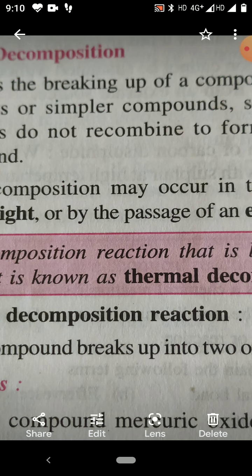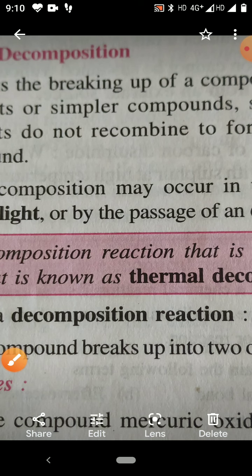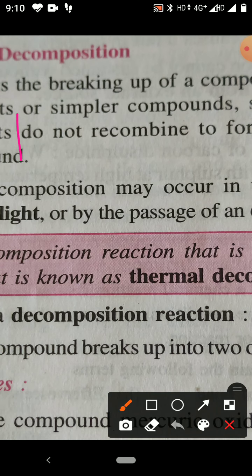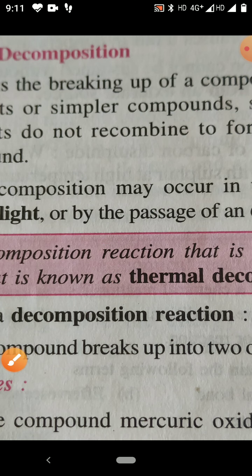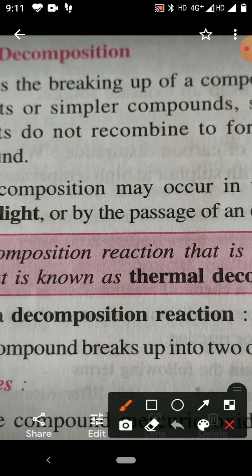Like, example is mercuric oxide. Mercuric oxide decomposes into mercury and oxygen by heating. This triangle is the symbol of heat. Other example is decomposition of calcium carbonate, CaCO3.